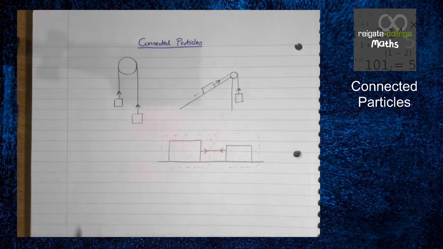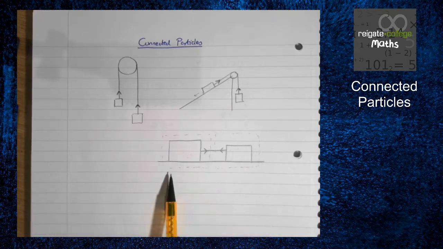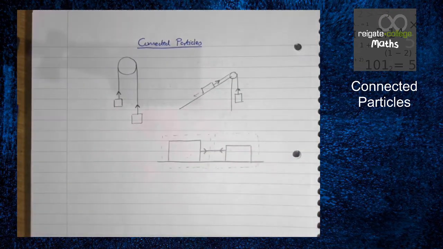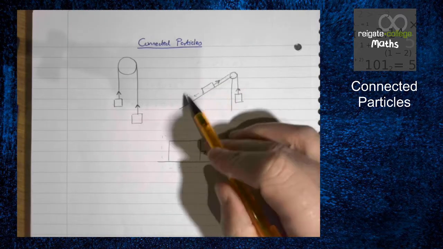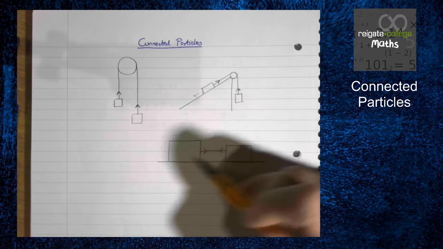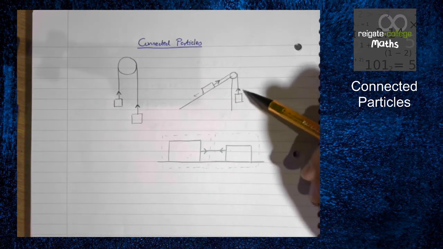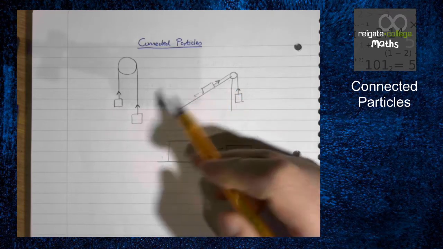In these two cases, we can't do that, because the particles are not going in the same direction. Even if these two particles are pulling against each other, it's still the same idea. Here, these particles are not moving in tandem. This one's moving down, or potentially up, and this one's moving along the plane.